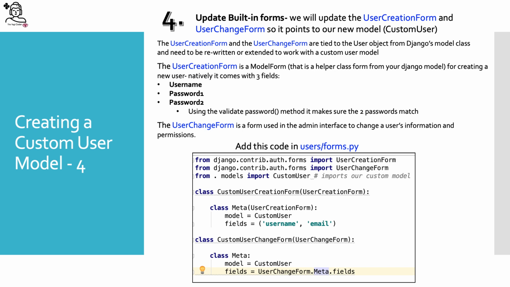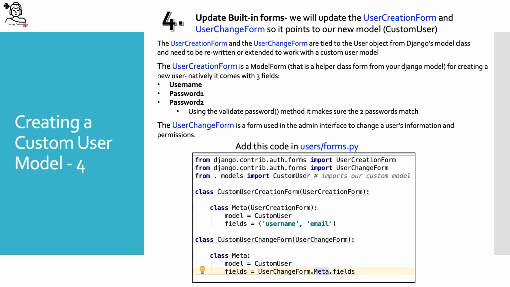The UserCreationForm is a model form. That is a helper class that forms from your Django model for creating a new user. Natively, it comes with three fields: the username and then password1 and password2. And password2 is used as a validation password to be able to make sure that those two match. Very typical in websites, right?